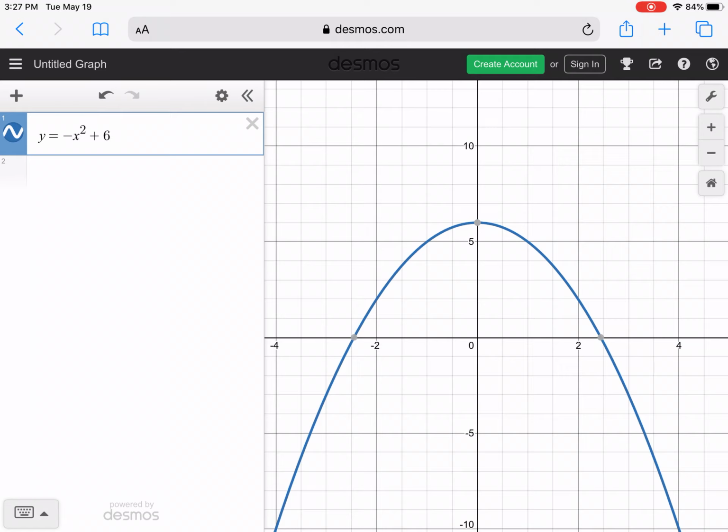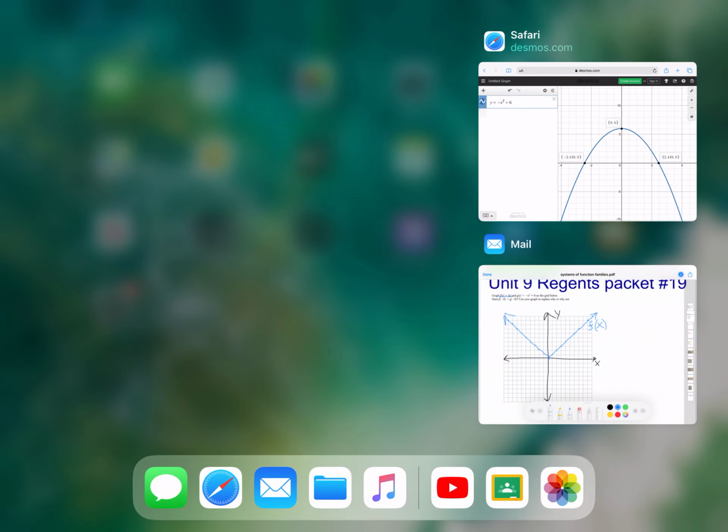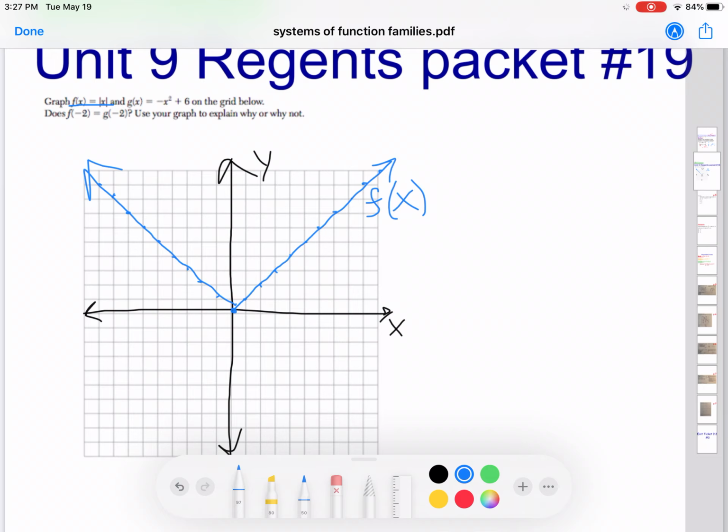To pick out some key points that we should plot, we see that it goes through about 2.5, 0, both negative and positive. We see that our y value is up here at 0, 6. So let's go ahead and plot some of these points that we see on our graph.